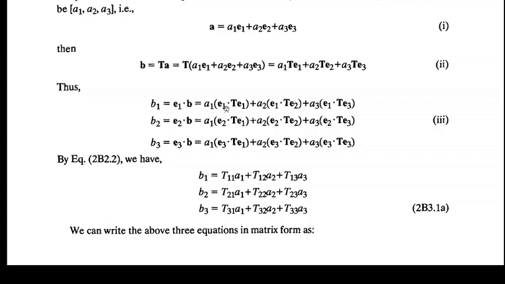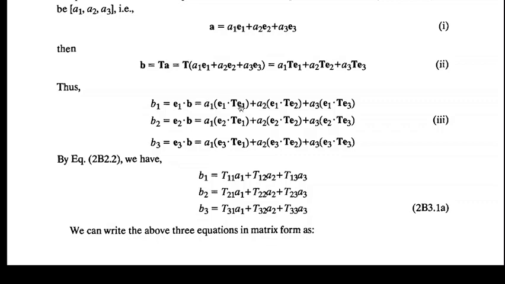Now you will make use of equation 2.2, which is actually Tij equals Ei dot Tej. If you remember, Tij equals Ei dot Tej.